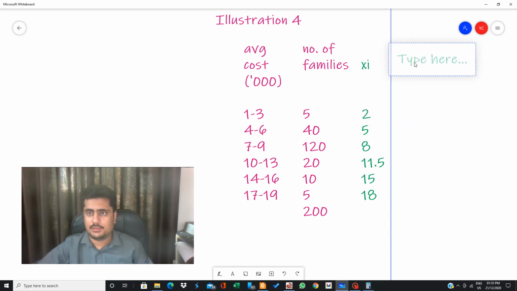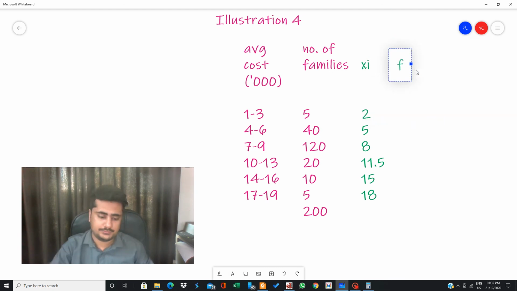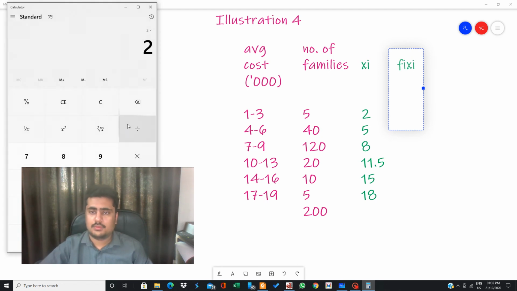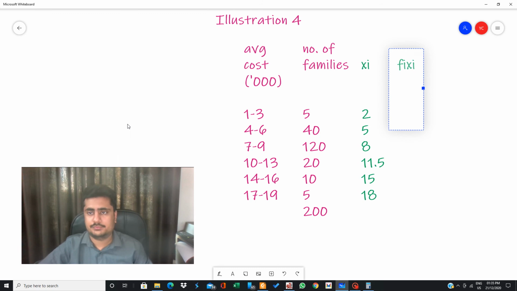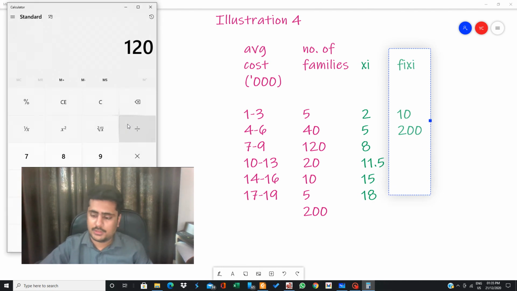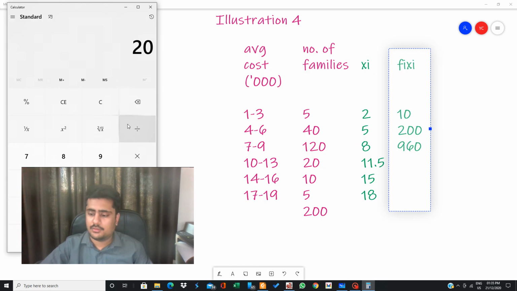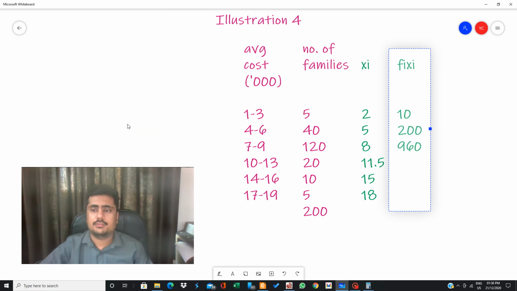Let us find fixi. 2 into 5, 10. Then 200. 120 into 8, that is 960. 20 into 11.5, 230.